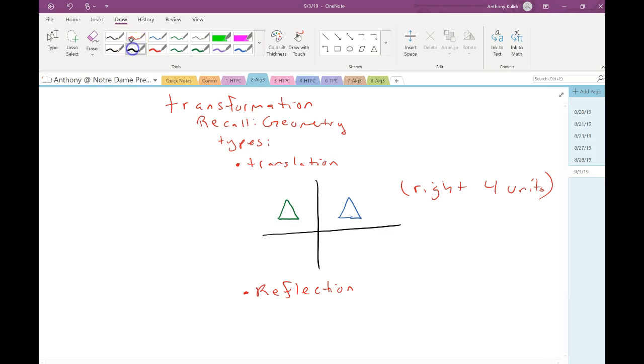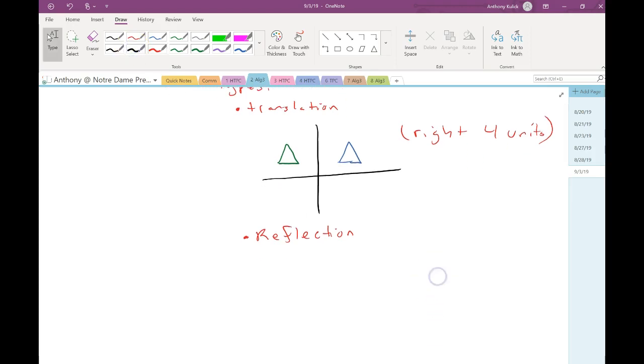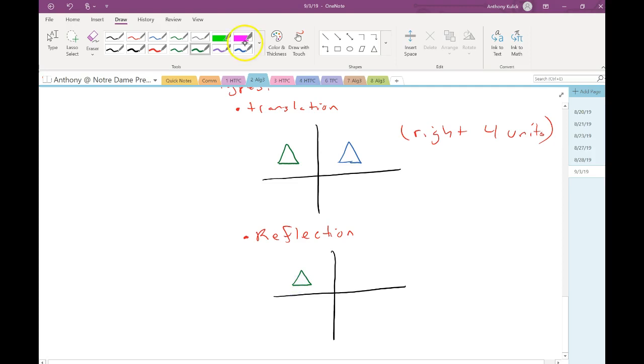So another type is reflection. Again, if I take that same triangle and say I reflect it across the x-axis, I get something like this, correct?